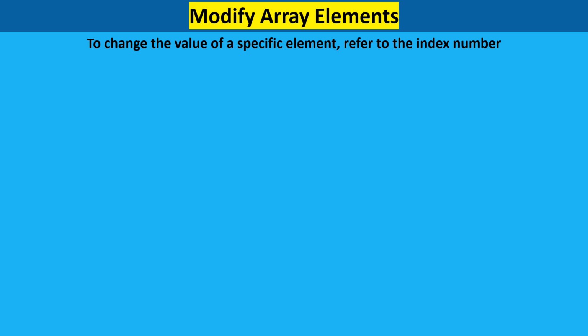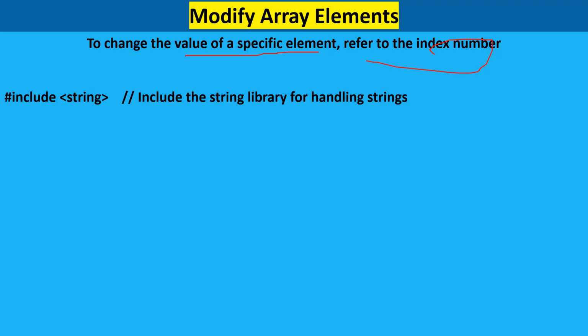Modify array element. To change the value of a specific element, refer to the index number. Here we already have the includes, using namespace, and int main, but here we also include string. Include the string library for handling strings. So first we declare a string array cars of size 4 and initialize it with the values: Opel, BMW, Ford, and Mazda.